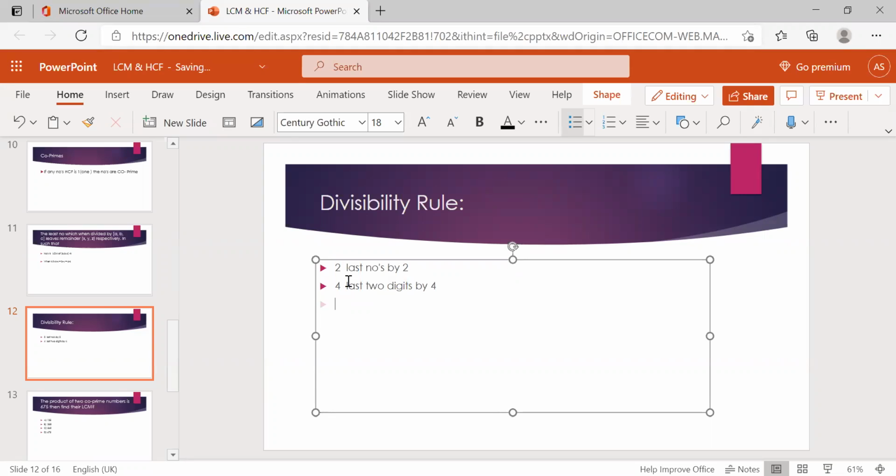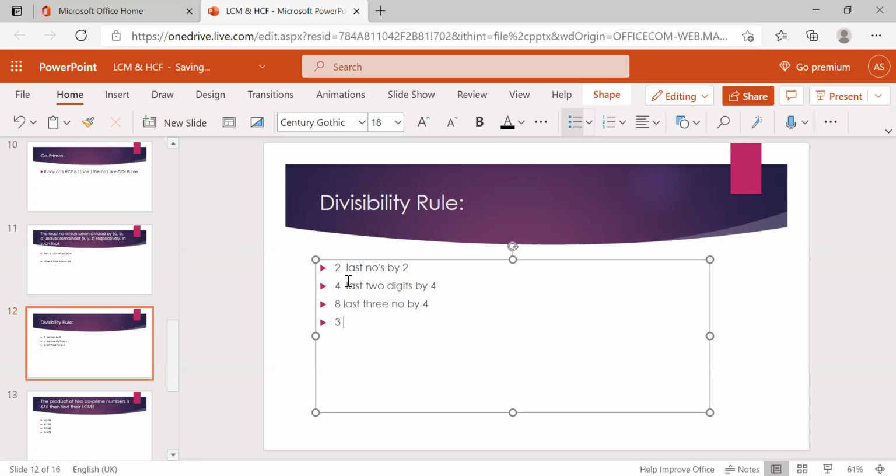Do you remember this? At least, do you know this? And what's the rule for 8? The last three digits should be divisible by 8.